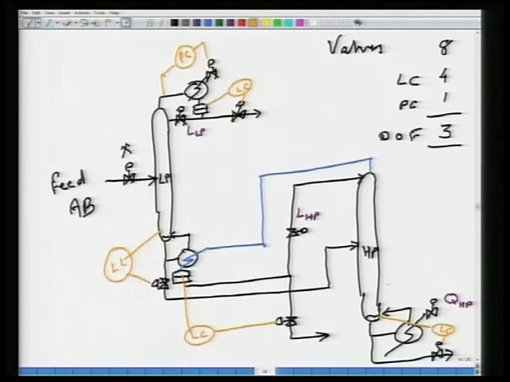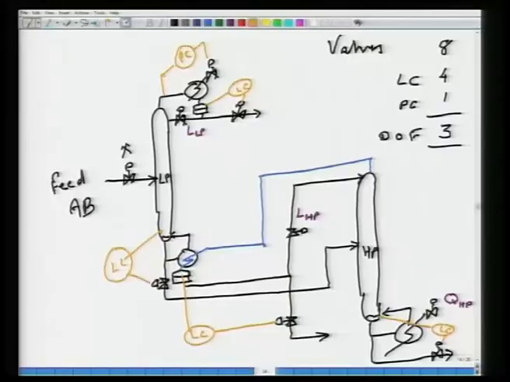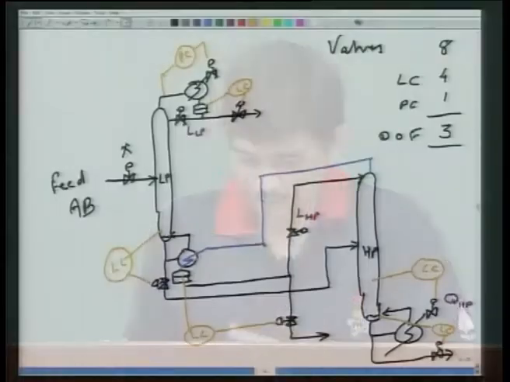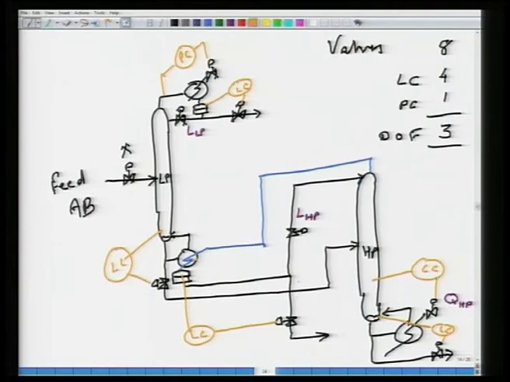Well, the pressure in the high pressure column will float, because depending on how much condensation occurs in this reboiler, the pressure in the high pressure column will float. So I would say okay, this is Cc. If you want to make it a Tc, you will have to use pressure compensated temperature set points. What is the impurity level in the distillate?